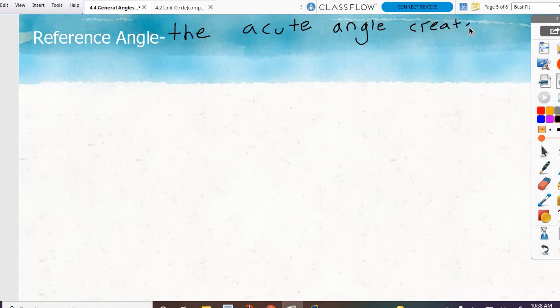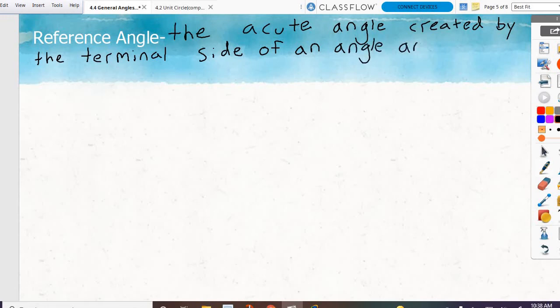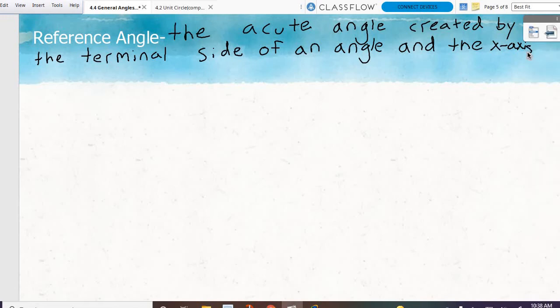The acute angle created by the terminal side of an angle and the x-axis.